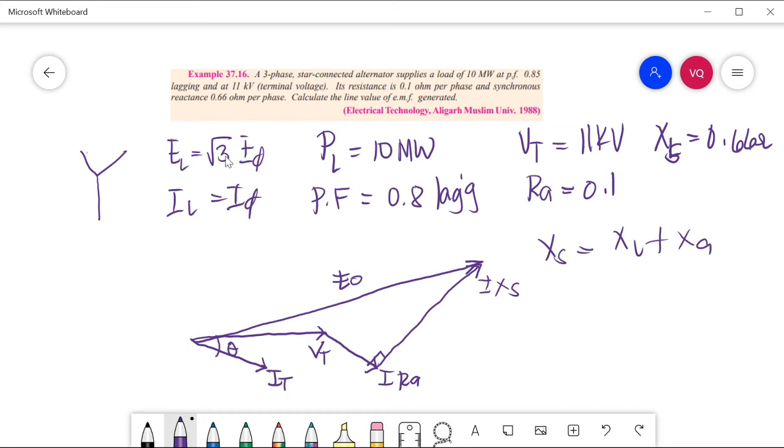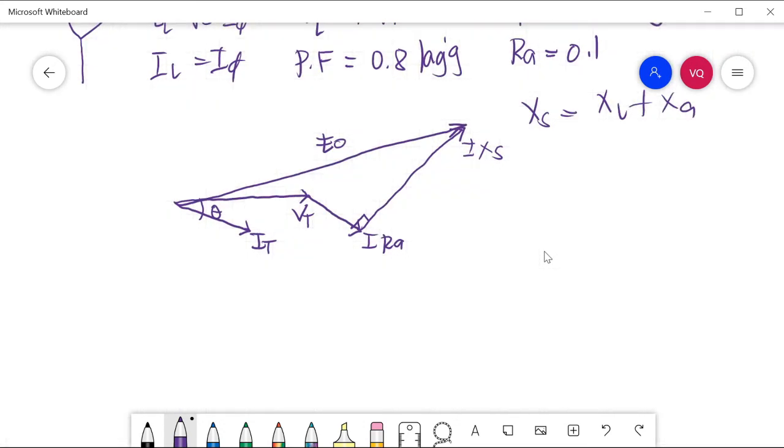Calculate the line value of the EMF. Our line voltage is square root of 3 E phase. So in Y, IL is equal to I phase. How will we compute the line value of the EMF generated, or the no load voltage? From our formula, load power is equal to the square root of 3 E line, I line, cosine theta.